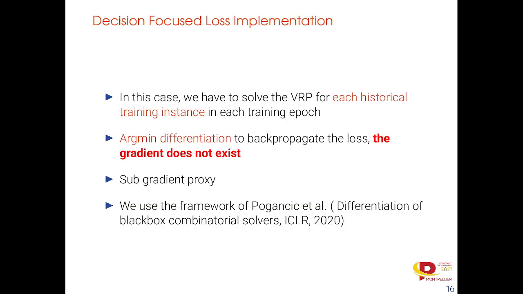Now training with this loss comes with several challenges. First, to compute this loss we have to solve the VRP using the prediction, and that too for each instance repeatedly in every epoch, and clearly this creates a huge bottleneck while training.